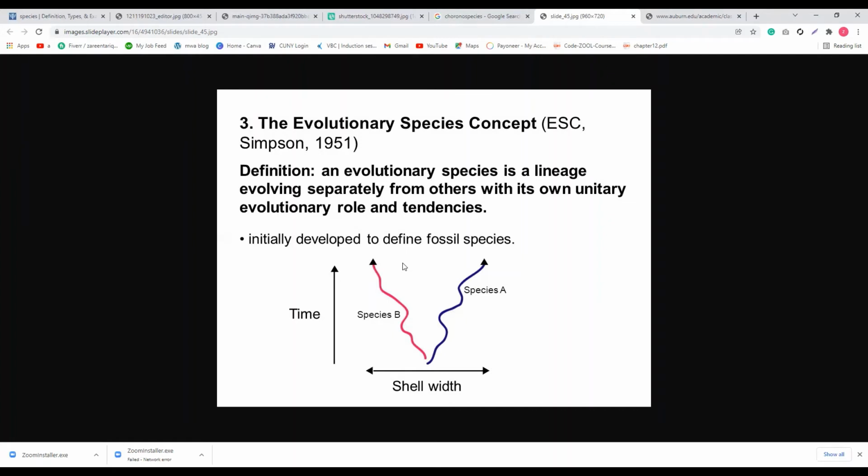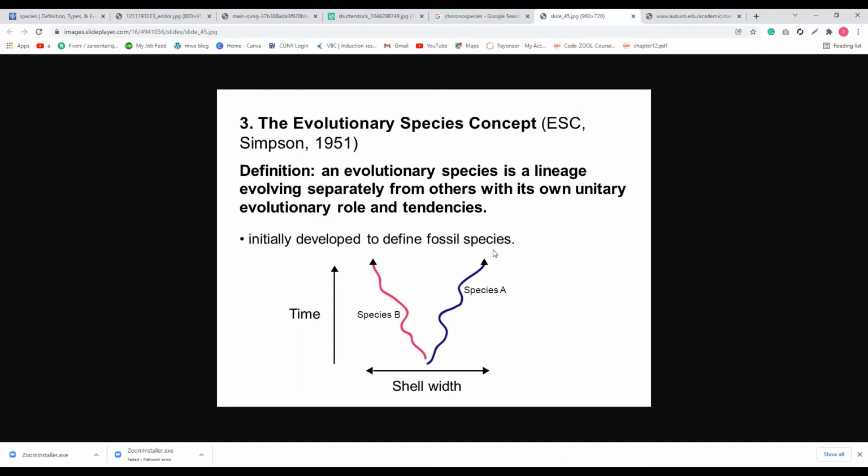There are problems in this definition. One problem is that we don't know the unitary evolutionary role or criteria of this lineage. For this purple lineage, we don't know the specific criteria for this species to evolve from its ancestor to its descendants.